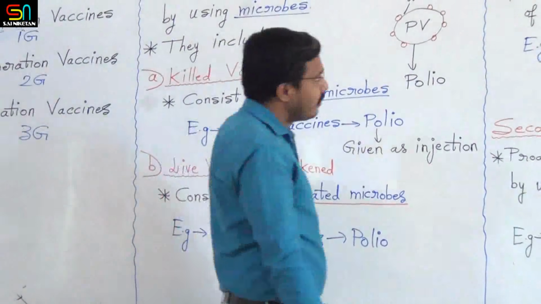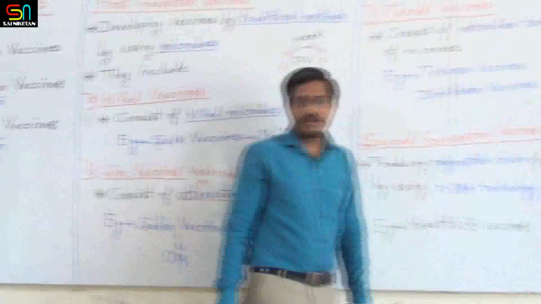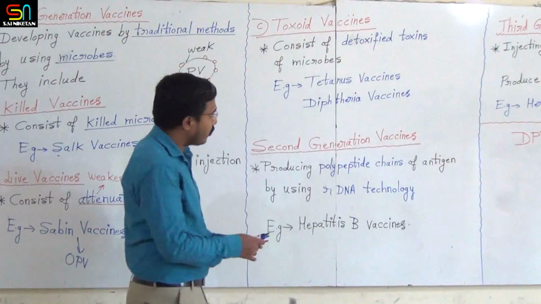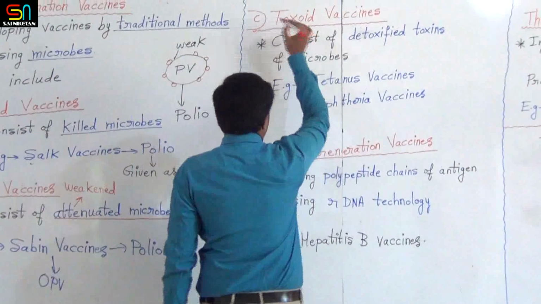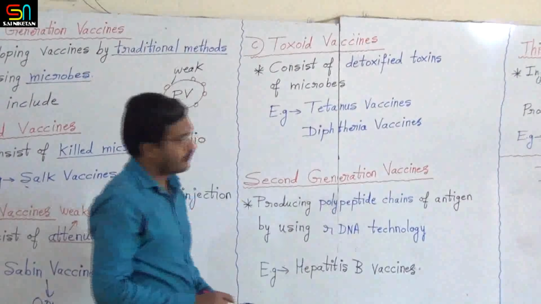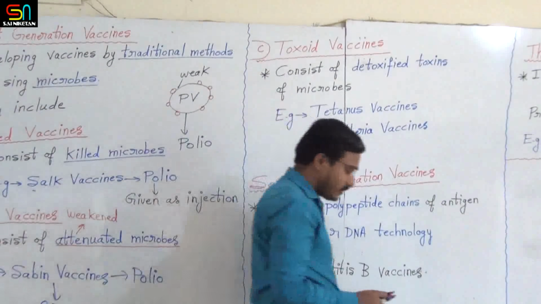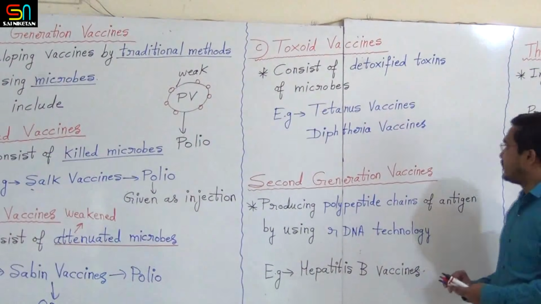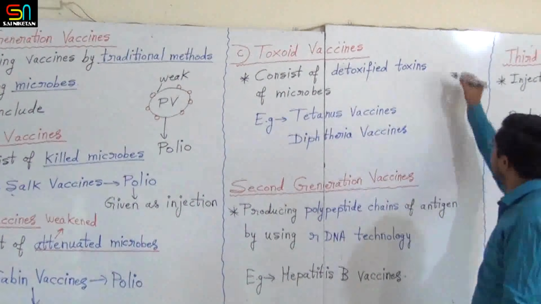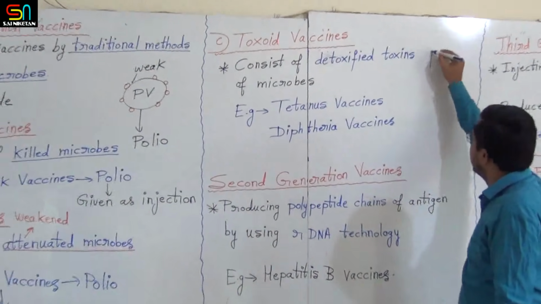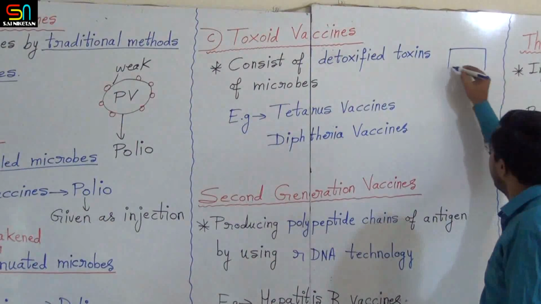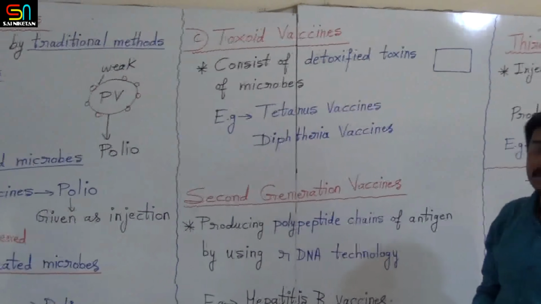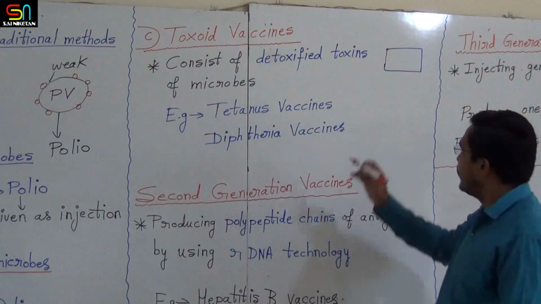Now come to the third group of first generation vaccines. If you see the third group, that is called toxoid vaccines. Now think of a disease called tetanus. As I told in the previous video, this is a disease caused by bacteria. The name of the bacteria is Clostridium tetani.